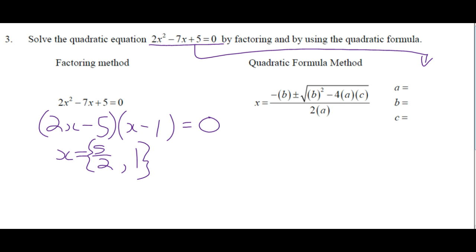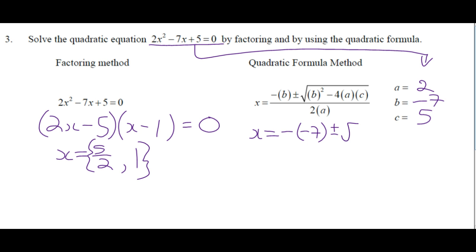In this equation, what's a? 2. What's b? Negative 7. And what's c? 5. Okay, so let's substitute in. x is equal to negative b, so negative of negative 7, plus or minus.